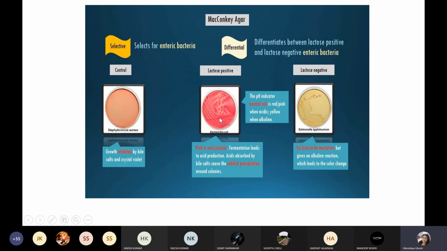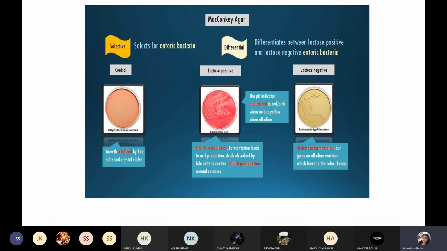And if the color is changed to yellow, then it is the lactose negative bacteria. They give this sort of change of color through the indicator, with no lactose fermentation but an alkaline reaction. So the lactose negative bacteria can't give the lactose fermentation reaction.